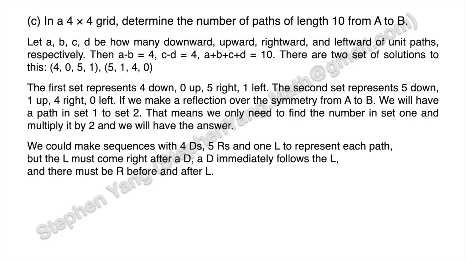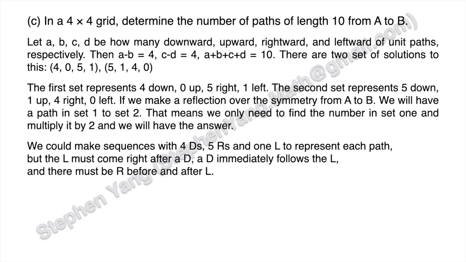If there is an R immediately in front of L, then you'll travel to the same vertex twice. So there must be a D immediately in front of L. And if an R immediately follows the L, it will also travel to the same vertex twice.